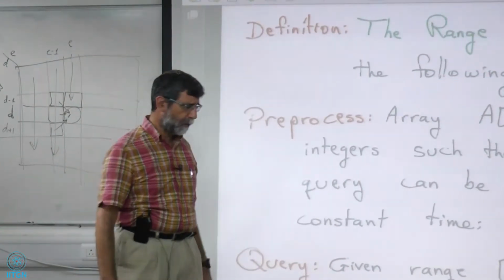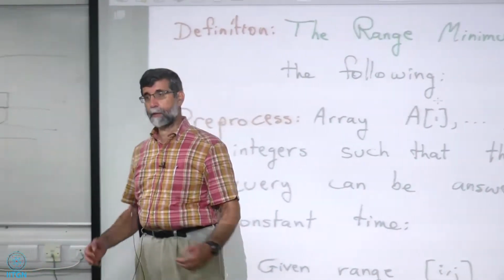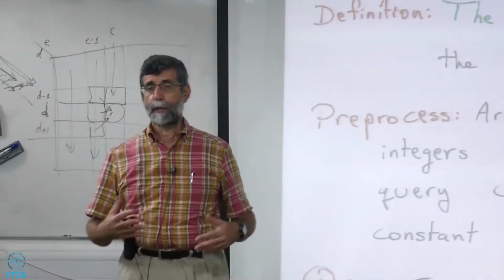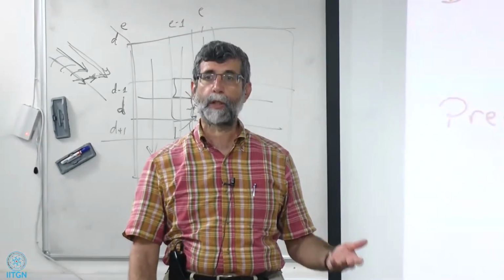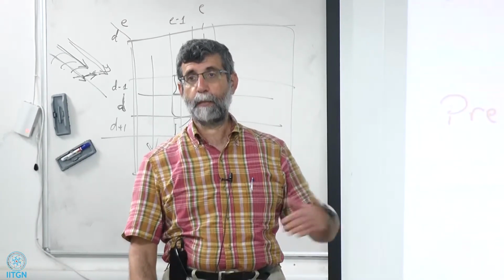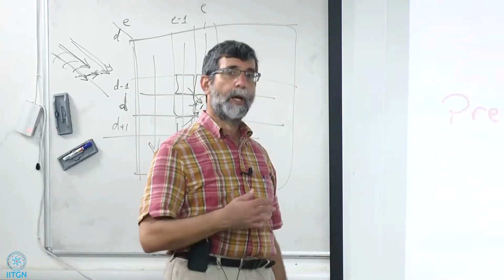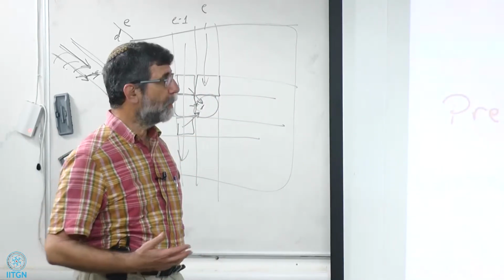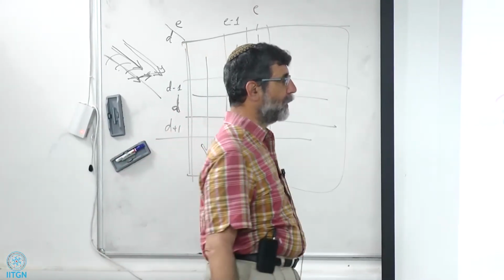And I believe that many algorithms for the range minimum problem in 2 dimensions, for example, and so on, actually appeared in pattern matching conferences, and some of them in general algorithmic conferences, because they do have a lot of use in pattern matching, but you will see in a minute why this is such a useful thing in algorithms in general.